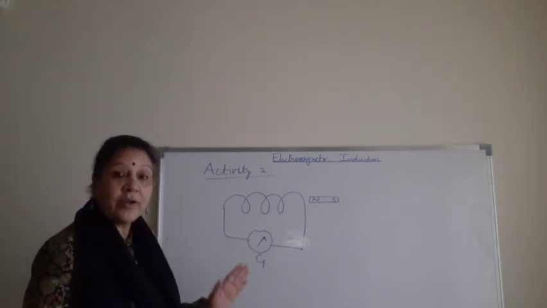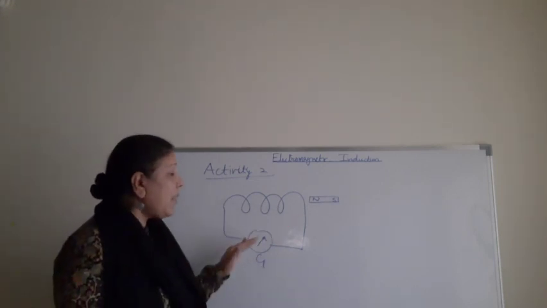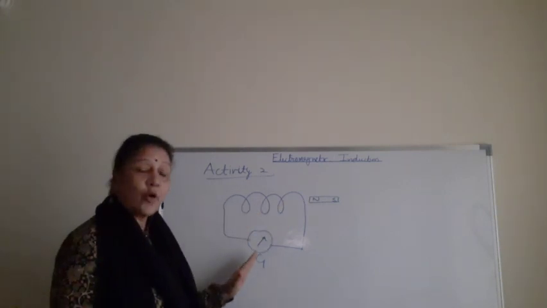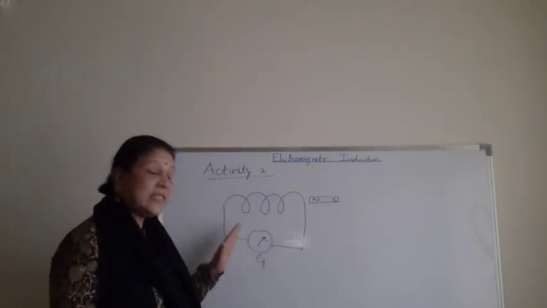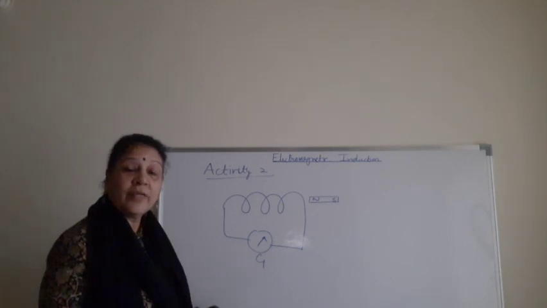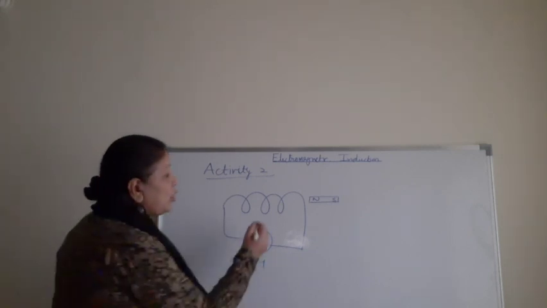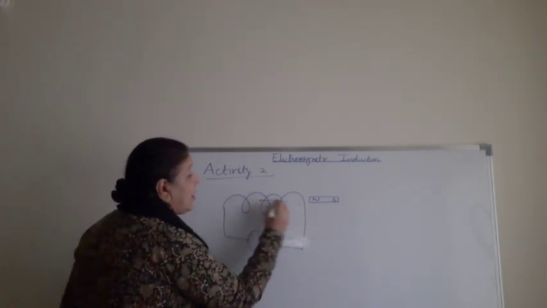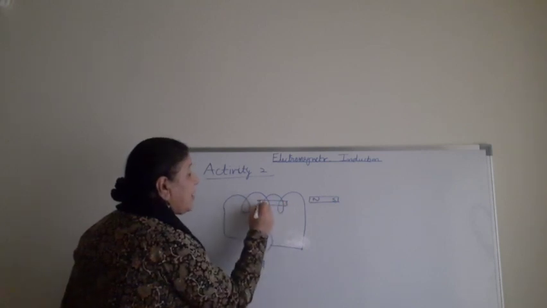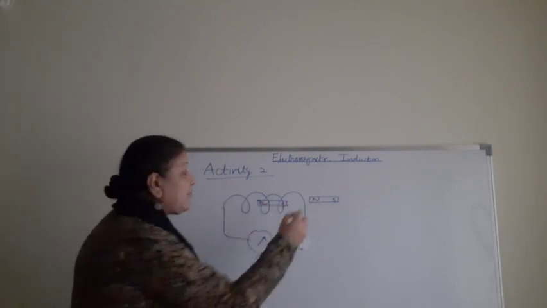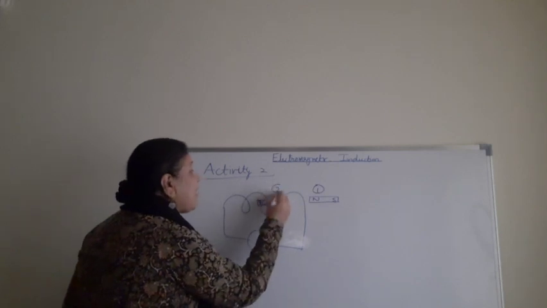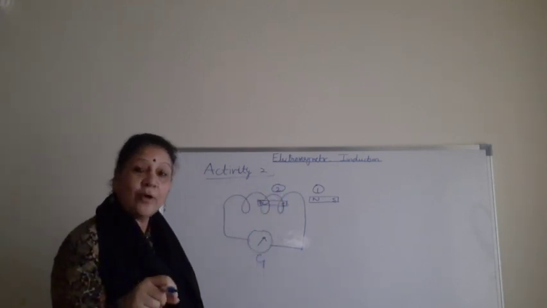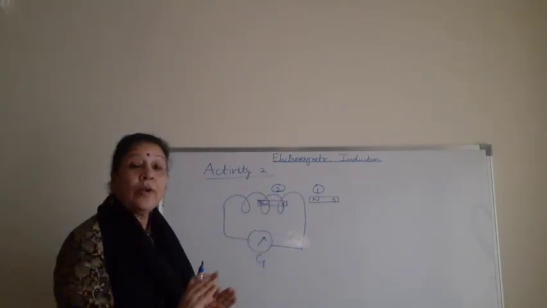I'll be explaining the reason also, but first, when I push the bar magnet inside the coil, the deflection is to one side of the galvanometer. In the second step, if we have taken it inside and it is held here, I see no deflection.